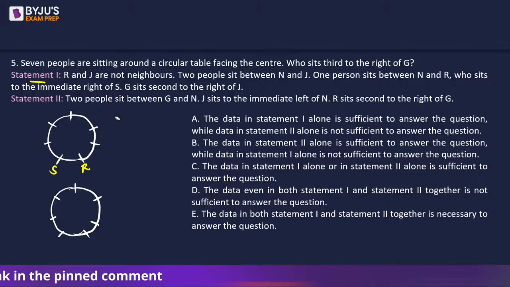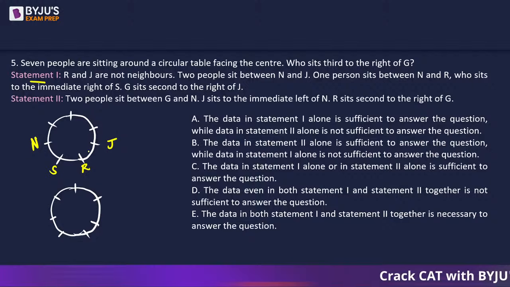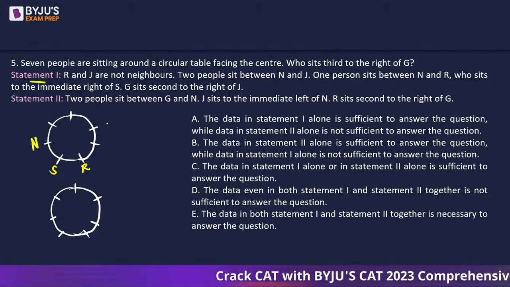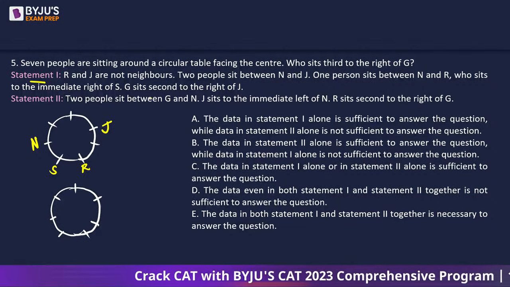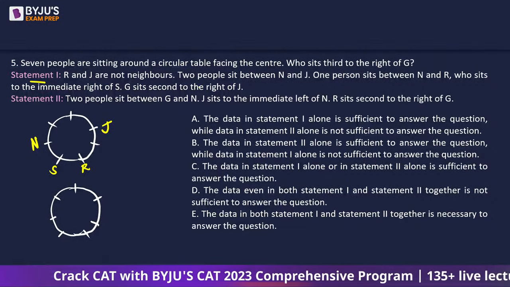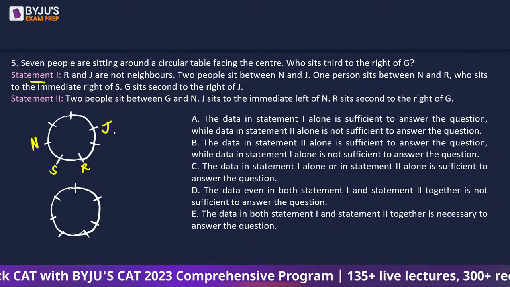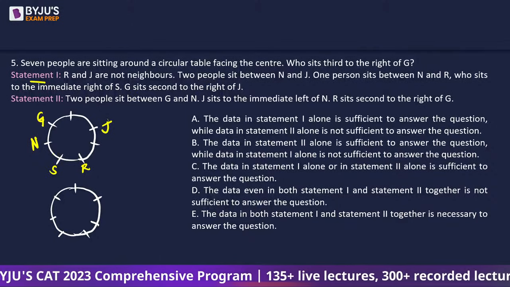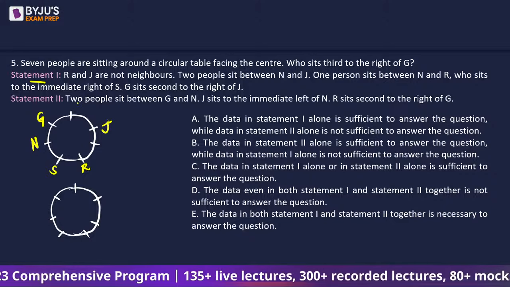Okay. Now, if I take this as N, 2 people sit between N and J, we can take J here, but it is given that R and J are not neighbors, so the other place we can put J is here. Then G sits second to the right of J, so this is where G is going to be.